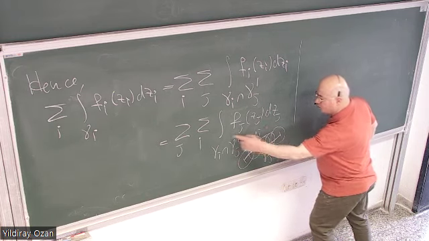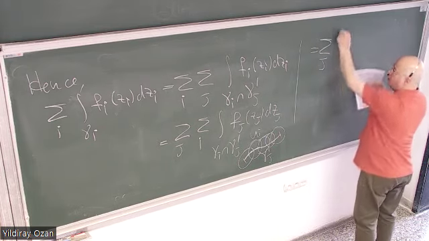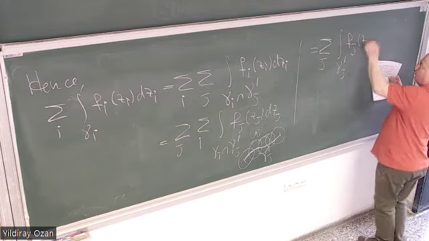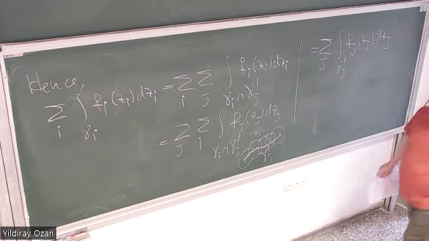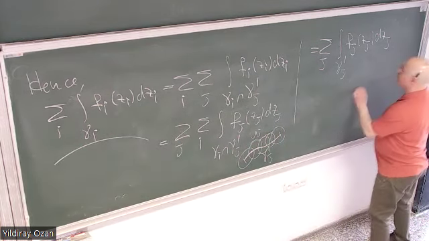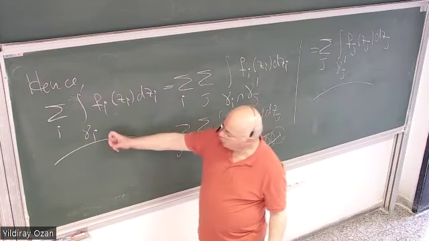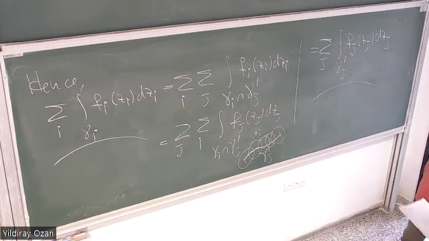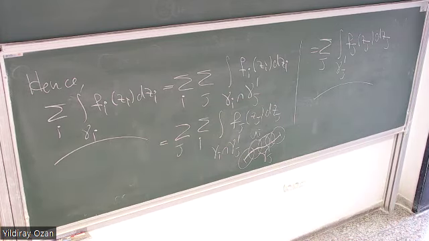So if you sum over i, you just get the integral over gamma_j' of f_j(z_j) dz_j. So this expression is the same as this expression. Therefore it doesn't matter how you partition your curve. The two summations give you the same answer.